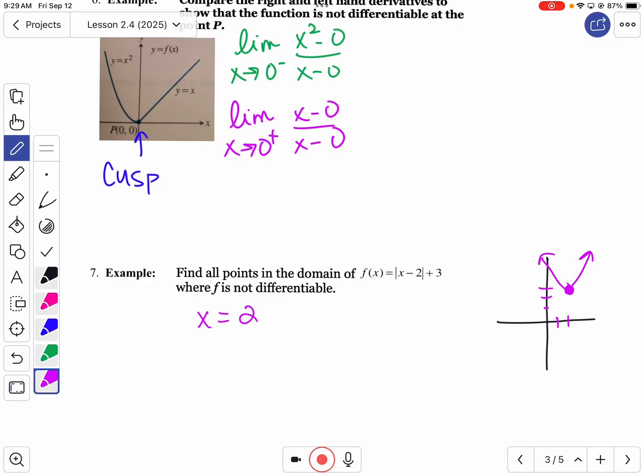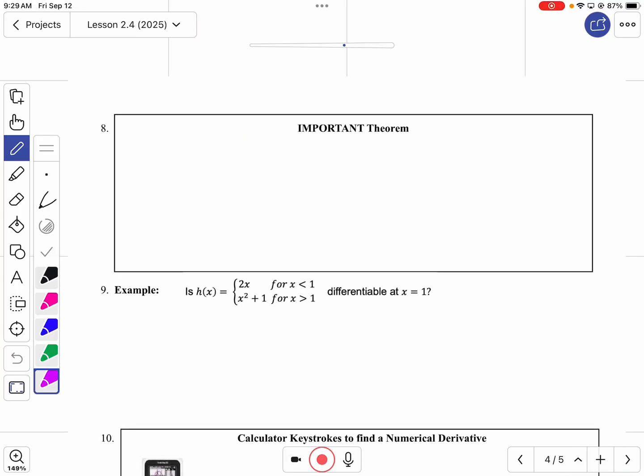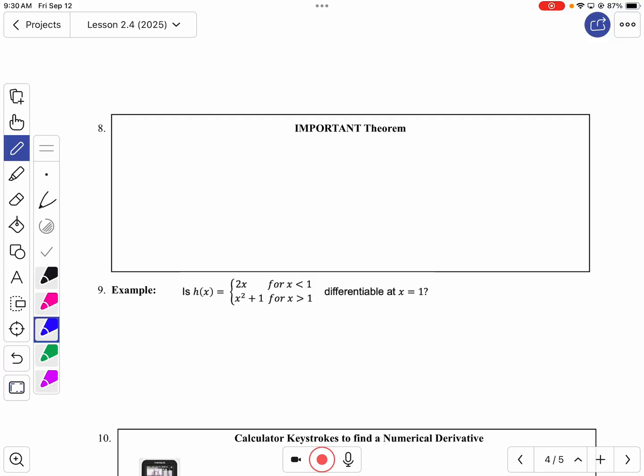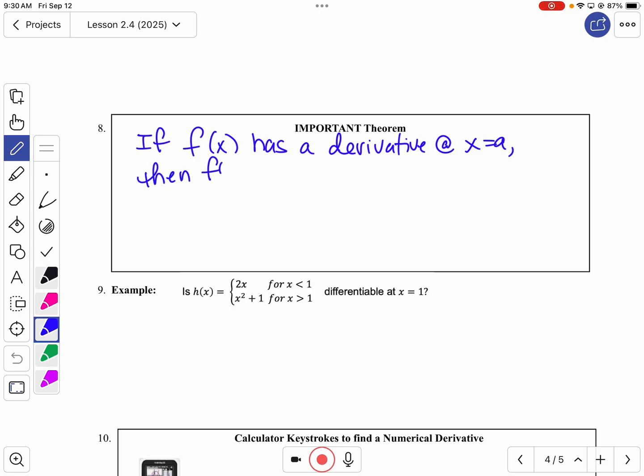All right, so here's our important theorem. It's why we can say what we say when we say it. Here it is: if f of x has a derivative at x equals a, then f is continuous at x equals a.